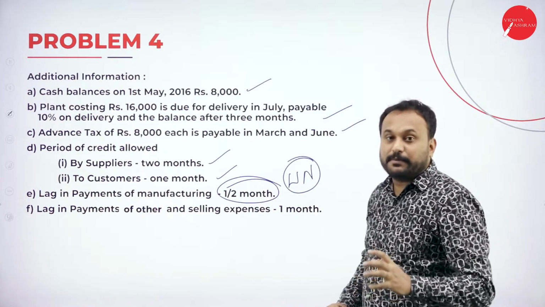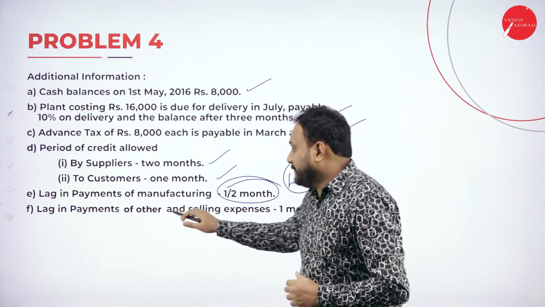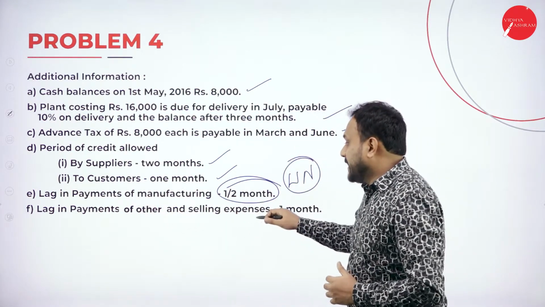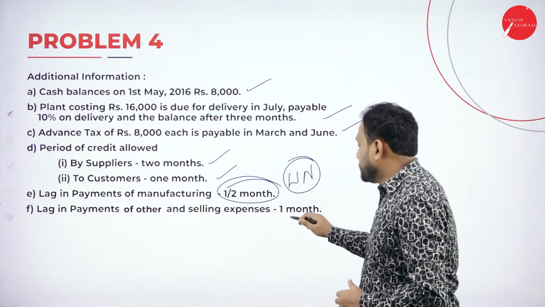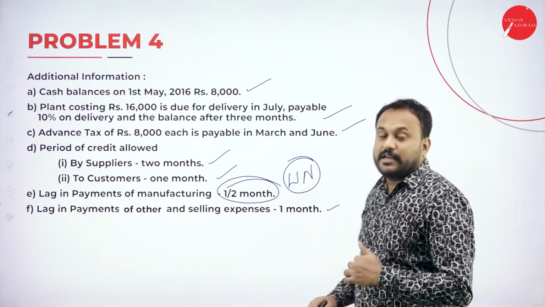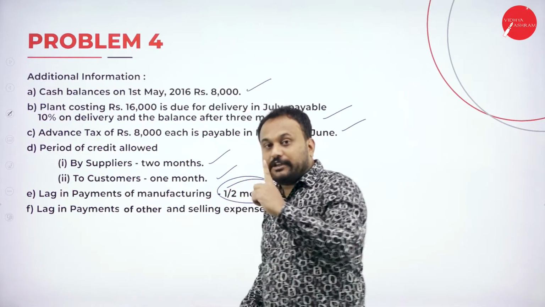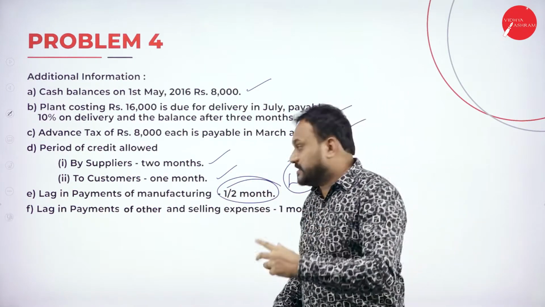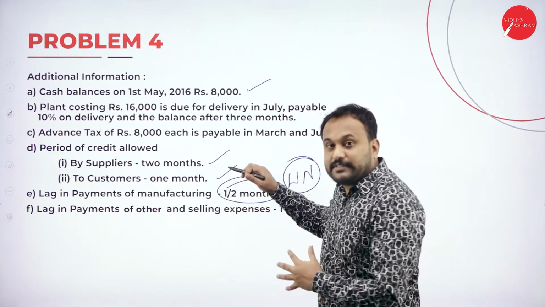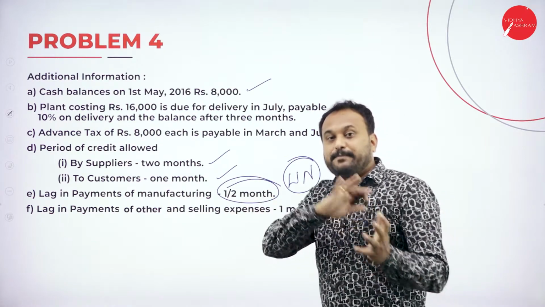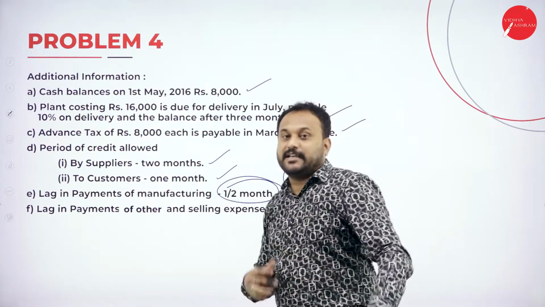Lag in payment of other expenses and selling expenses is 1 month. It's the same thing I had given in problem 1. The only thing that will change is half a month. Because of that half a month, the entire answer actually changes.